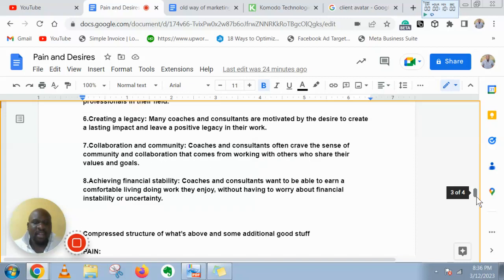Collaboration and community. Coaches and consultants often crave the sense of community and collaboration. Duh. I mean, if you think about it, that's why our new client acquisition system is so powerful. We're implementing an entire process of owning the audience. Coaches and consultants, we love the whole process of bringing people together in a unified way and really seeing how people are benefiting.